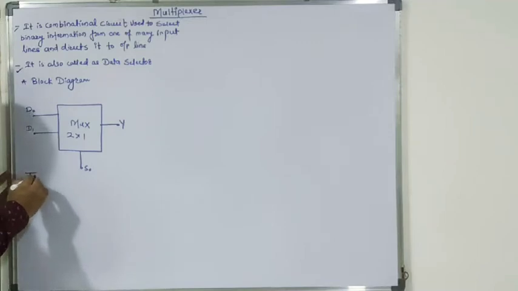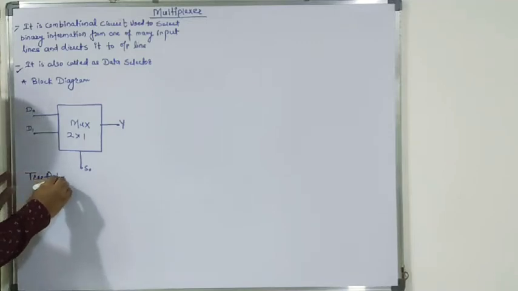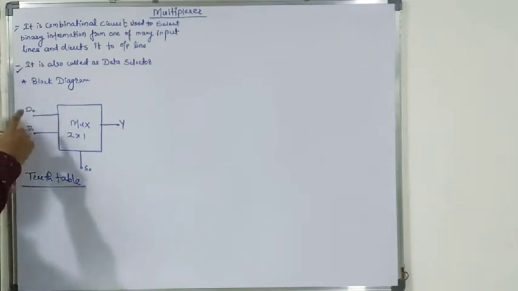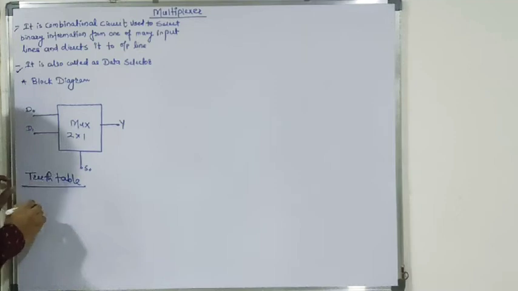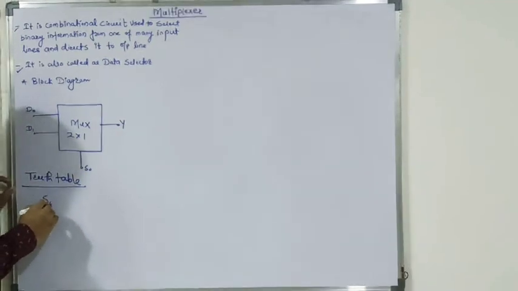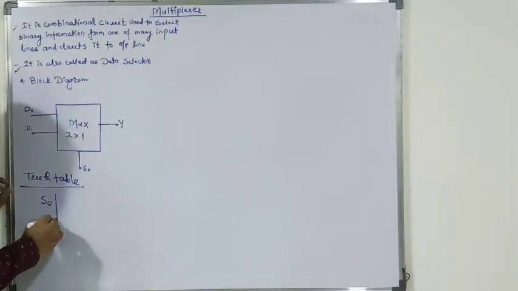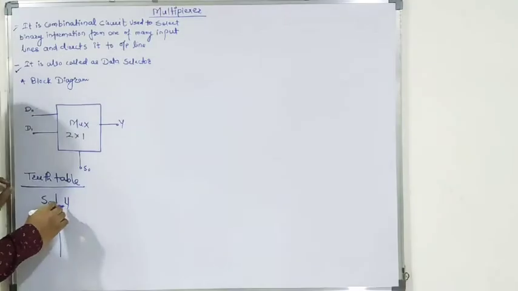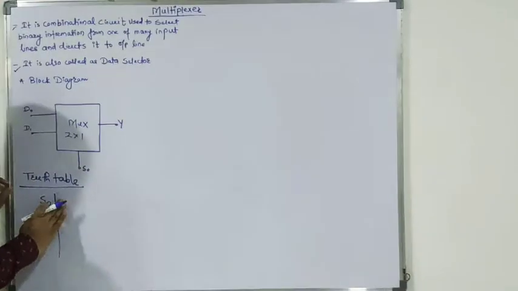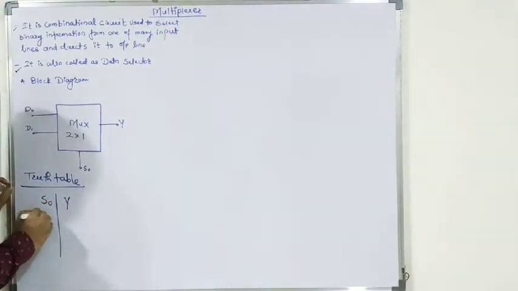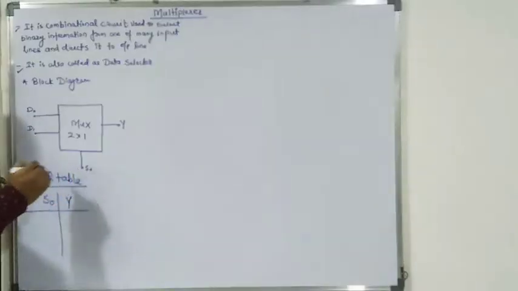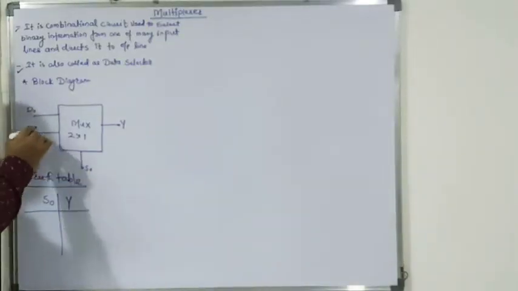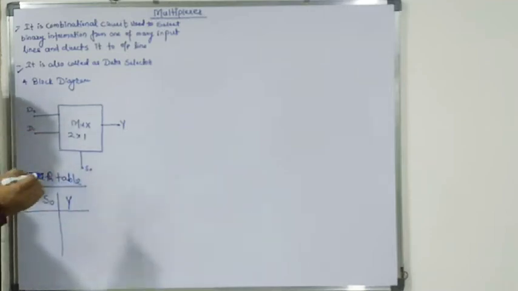So the truth table shows S0 as input and Y as output. Think of S0 as a binary number, 0 or 1, as the select line.